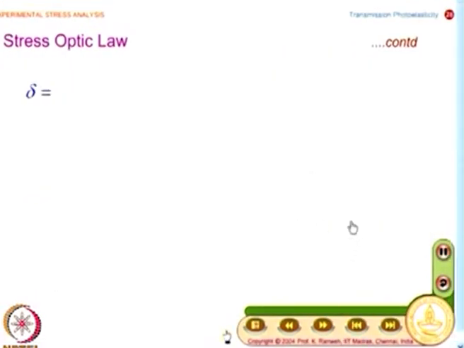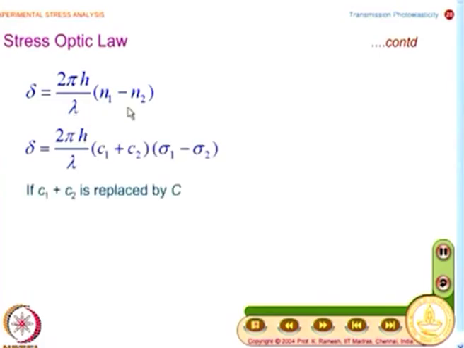Now, I am going to rewrite this delta in a form convenient for us to use, and those steps are fairly straightforward. There is no great mathematics involved here. So, I have this as 2 pi h by lambda times n 1 minus n 2. Now, we know n 1 minus n 2 in a different form.